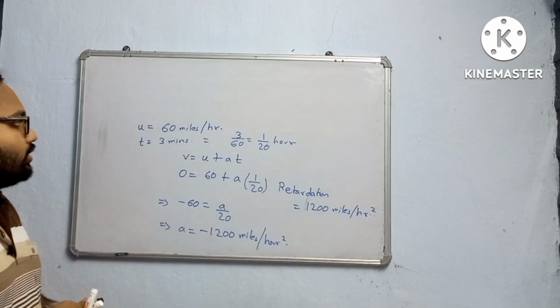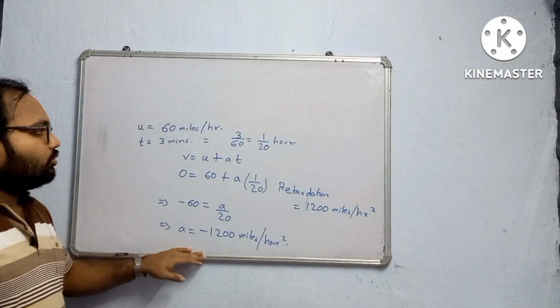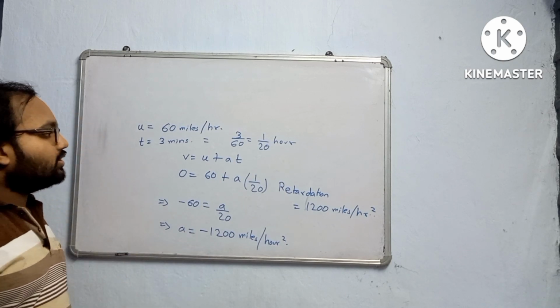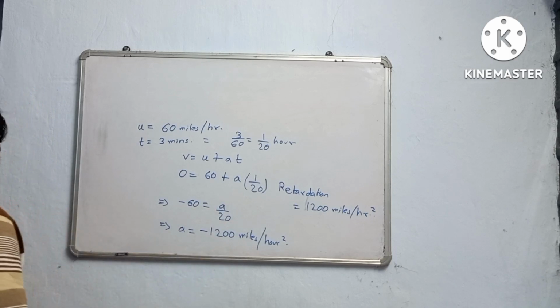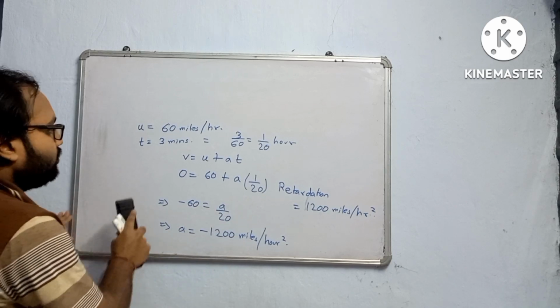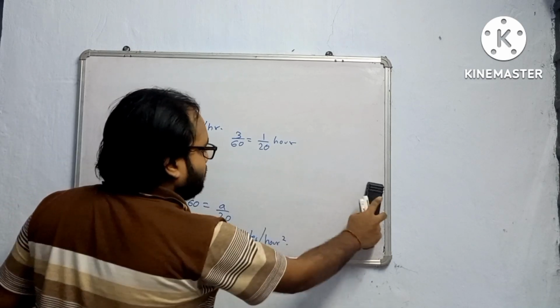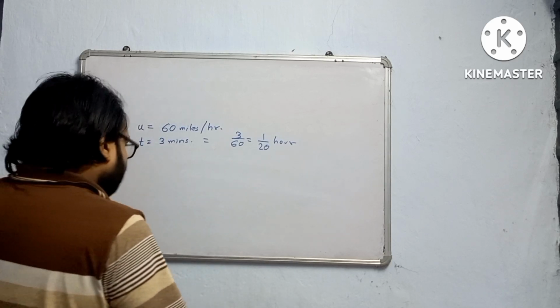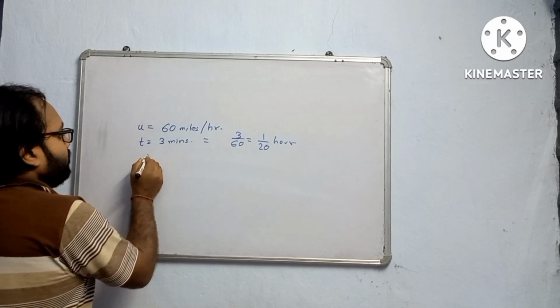This is acceleration, not the answer. Now let us move to the second part, that is how far will it travel before coming to rest. I am erasing this part. What we got?